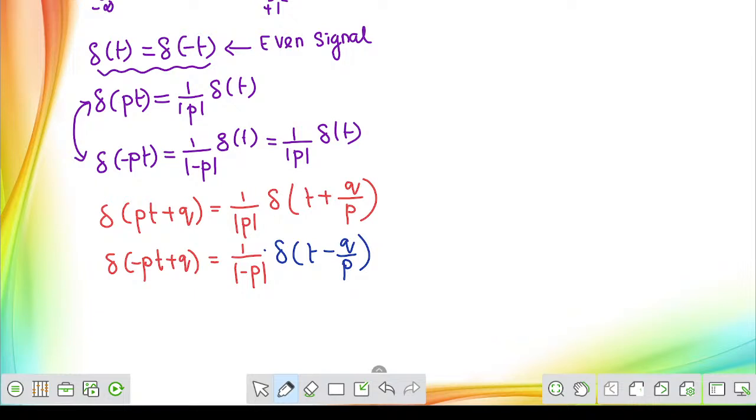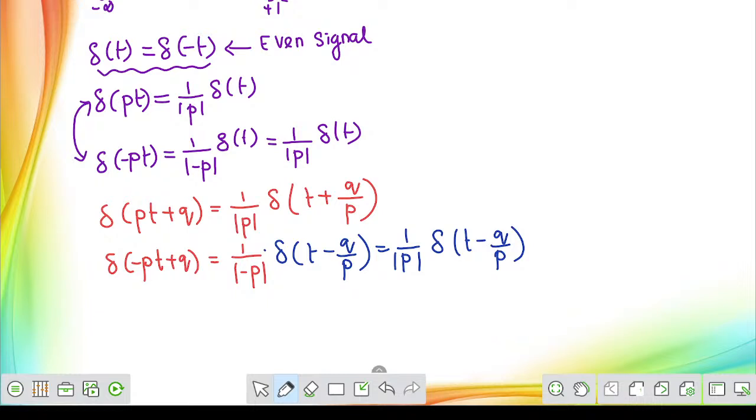That's it. So this can be rewritten as 1 upon mod p, anyway it is mod, sir, there is no point considering plus or minus sign, into del of t minus q upon p. That's it, it's over. This is how we define the impulse function.